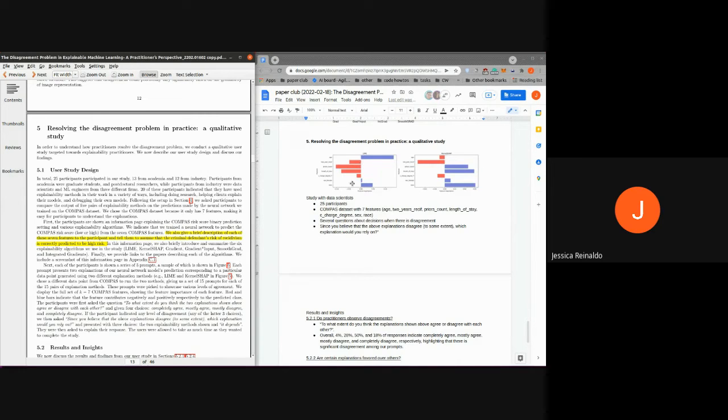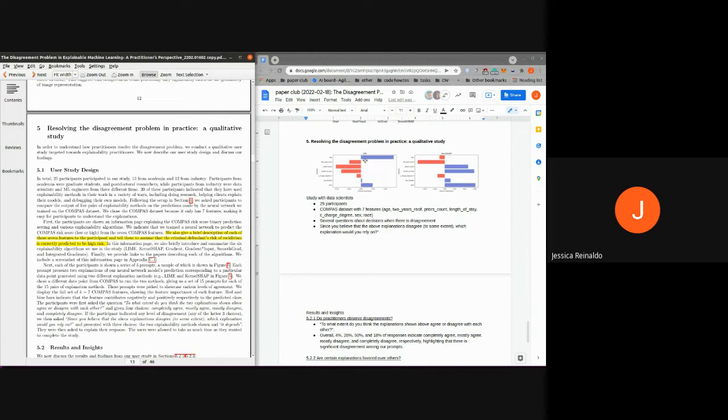This is an explanation of the feature importance from Lime and from kernel SHAP. And we can see here that for some features, the sign is different. So for kernel SHAP, the age is not that important, but it is more related to the negative prediction.